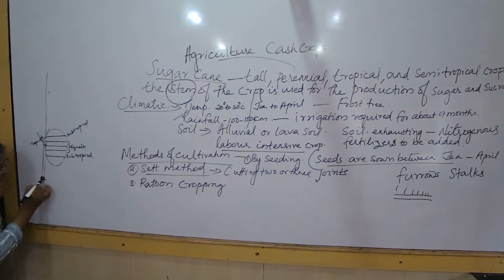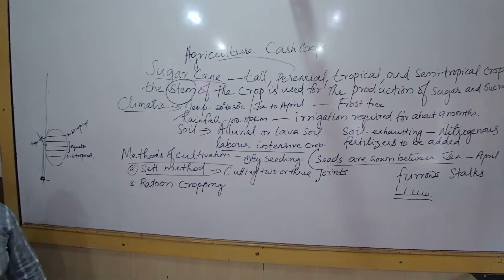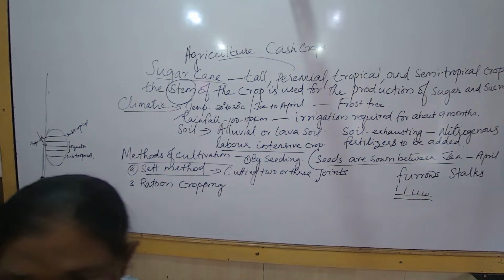From that part it is cut. After harvesting, they keep the root like that, and from there the new crop will grow. That is called the ratoon.